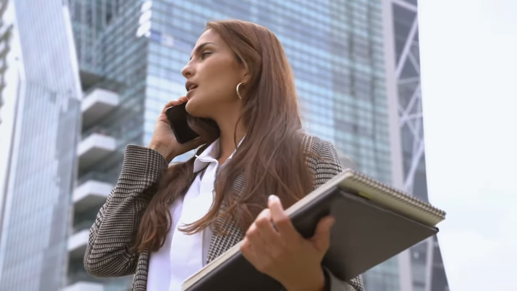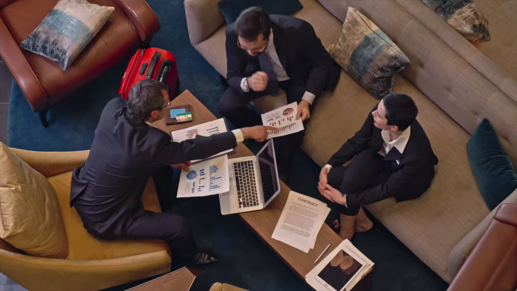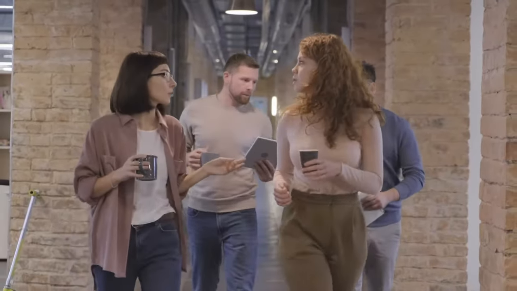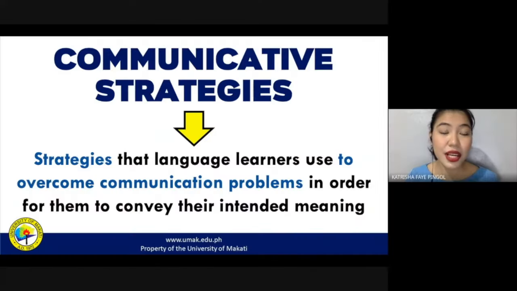Despite communication being complex at times, there are plans, ways, or means of sharing information which are adapted to achieve a particular social, political, psychological, or linguistic purpose. Thus, strategies that language learners use to overcome communication problems in order for them to convey their intended meaning is what we refer to as communicative strategies.